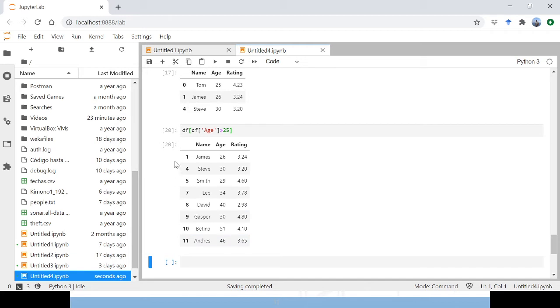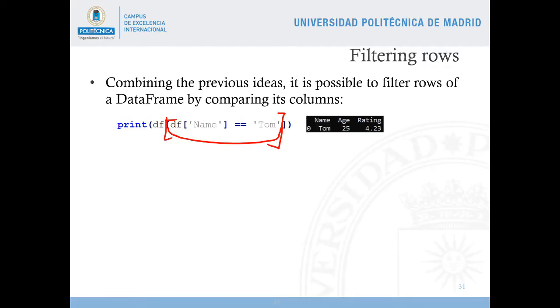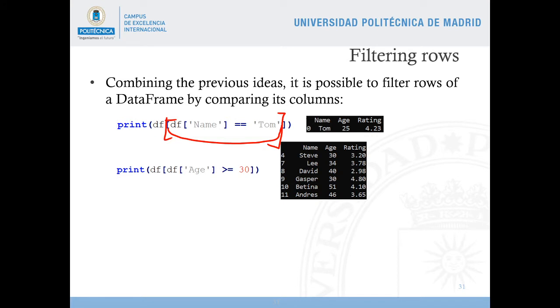It is not showing rows 2, 3, 6, and I think 12. Okay, I can filter my data frame by conditions. Okay, like this. This is the example that I just did. In the slide, it is with 30, but it's the same.